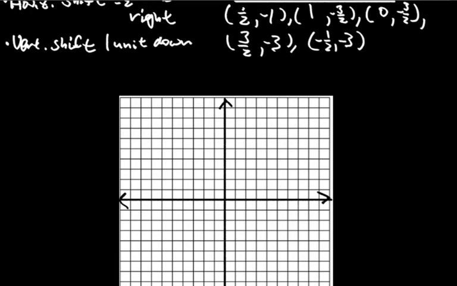So we don't need huge points here necessarily, so I'm just going to divide this into, I think I could divide this into 3. Yeah. 1, 2, 3. 1, 2, 3. 1, 2, 3, and then 1, 2, 3 again.